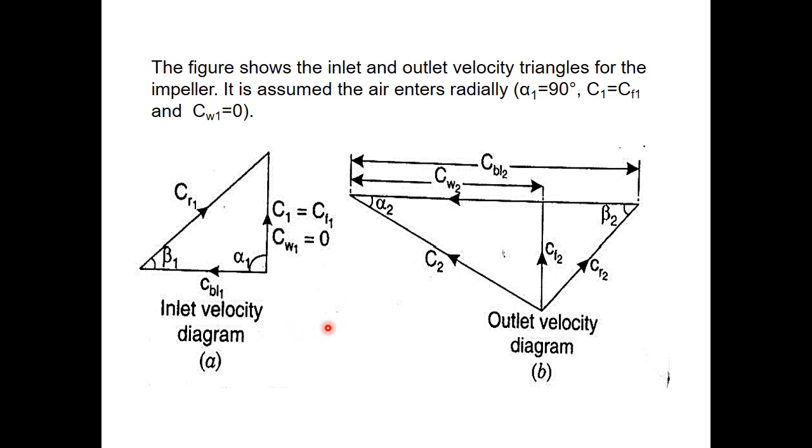So please be familiar with the velocity components and different angles. We will be using the same terms to derive the work done in the case of a centrifugal compressor.